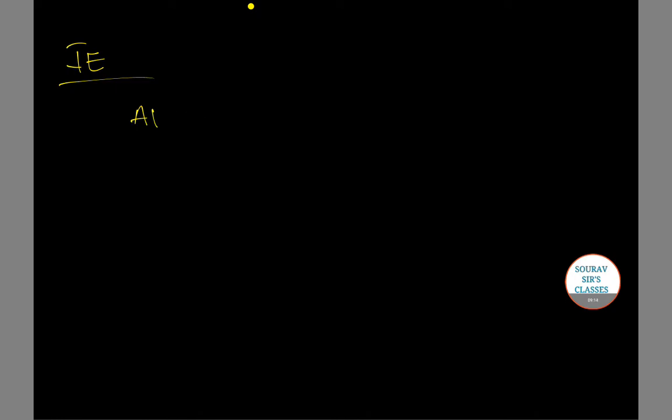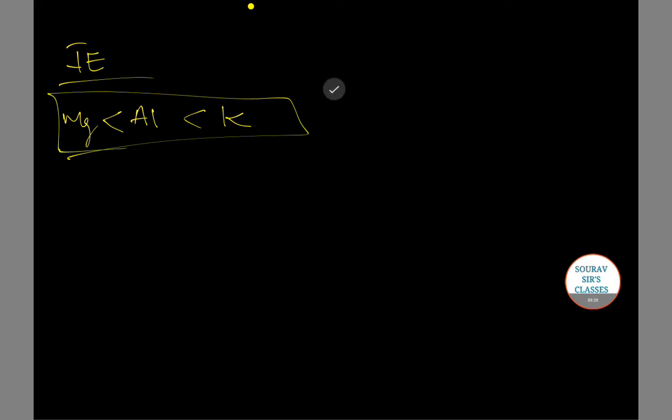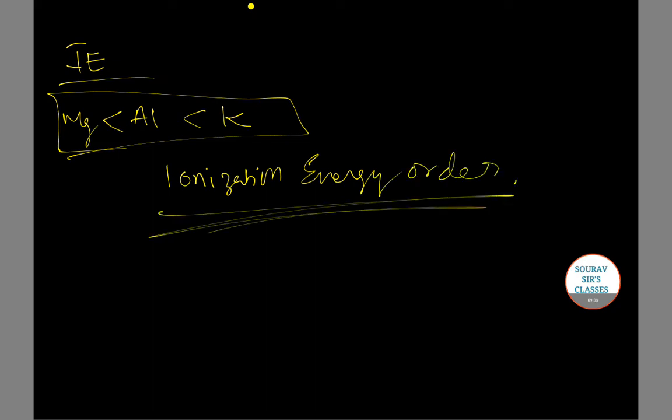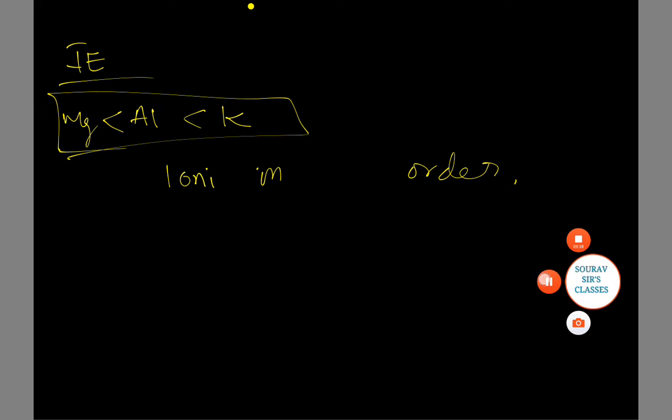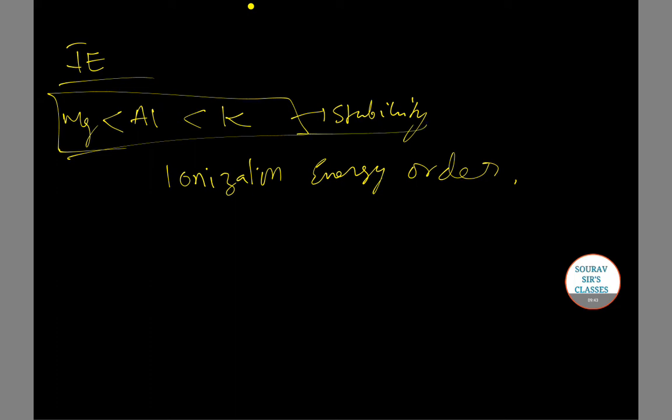Aluminium will be sandwiched in the middle, and we have potassium as the, this is the stability order for K plus, Al plus and Mg plus.